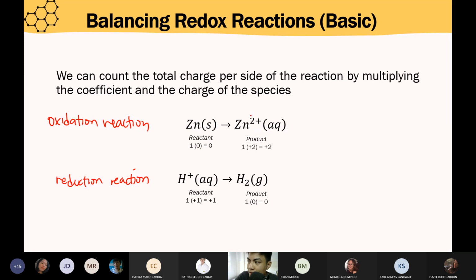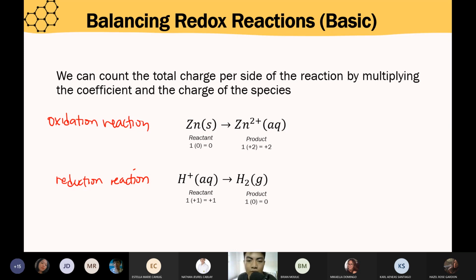On the other side, what's the total charge? So 1 yung coefficient mo dyan, positive 2 yung charge. So 1 times 2, positive 2. So same thing as this one. 1 times positive 1 is 1. 1 times 0 is 0.